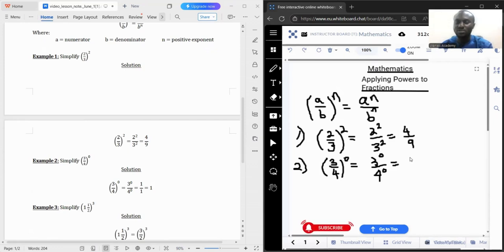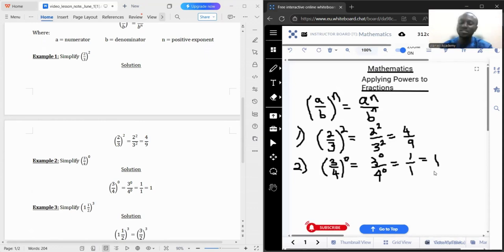Now, 3 raised to power 0 is 1. The reason is any number raised to power 0 except 0 itself is 1. Over 4 raised to power 0 likewise is also 1. Then 1 divided by 1 is as good as 1.